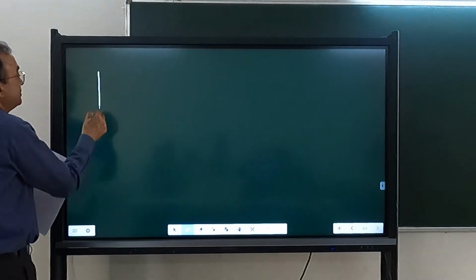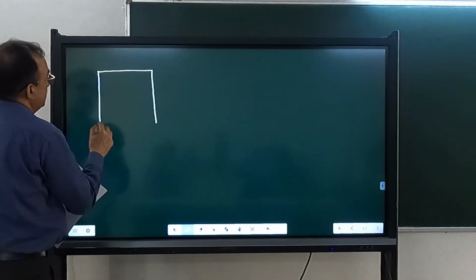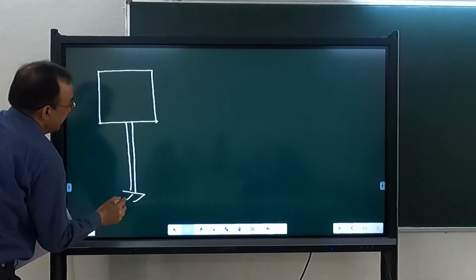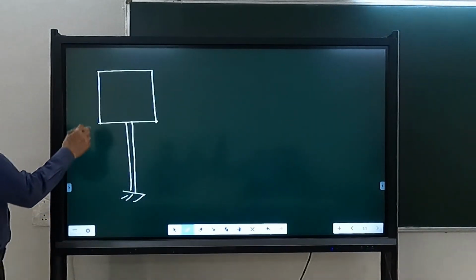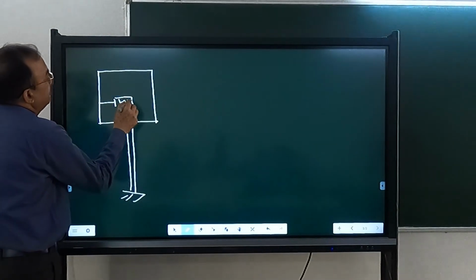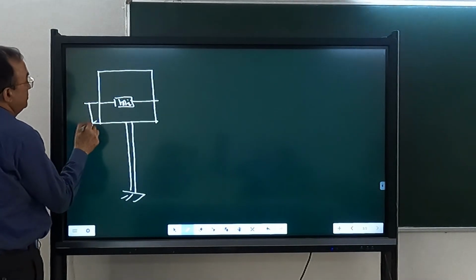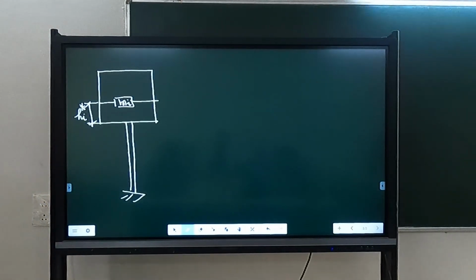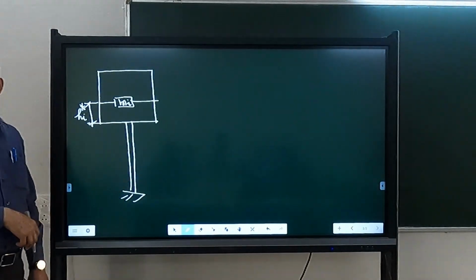Now I have put a column at the top, 1 meter diameter. So again you should calculate MI and HI star. We are considering HI star, not HI, because we are considering the overturning moment here.